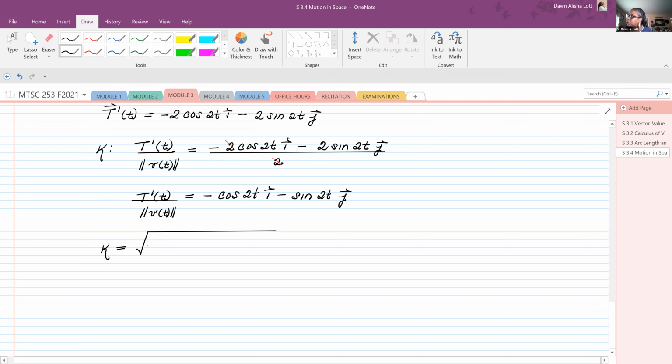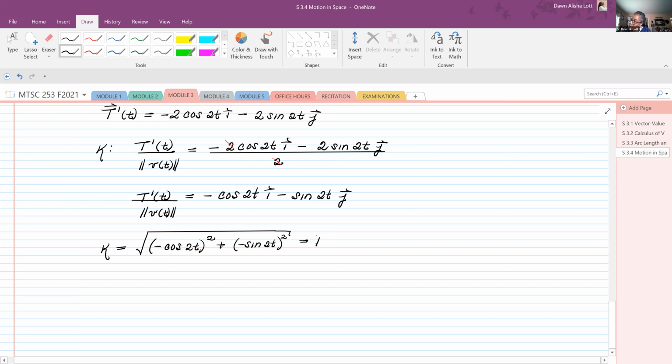Okay. So kappa then is the length of this thing. So that is minus cosine 2t squared plus a negative sine of 2t squared, and that's just 1.